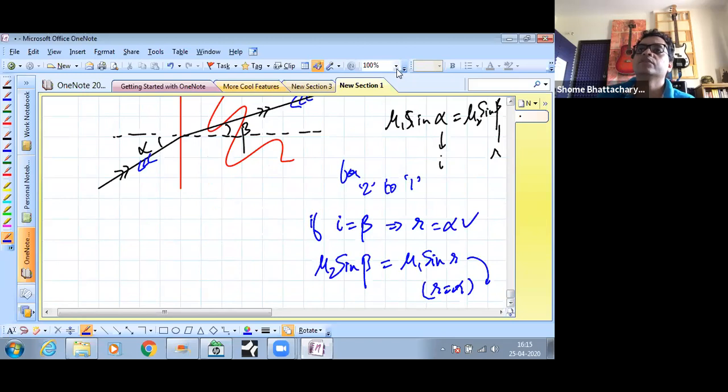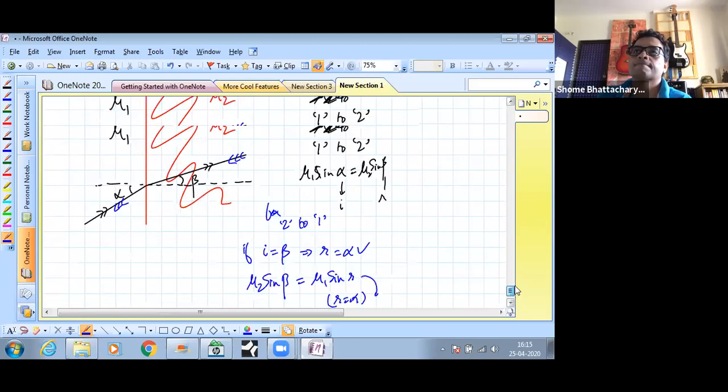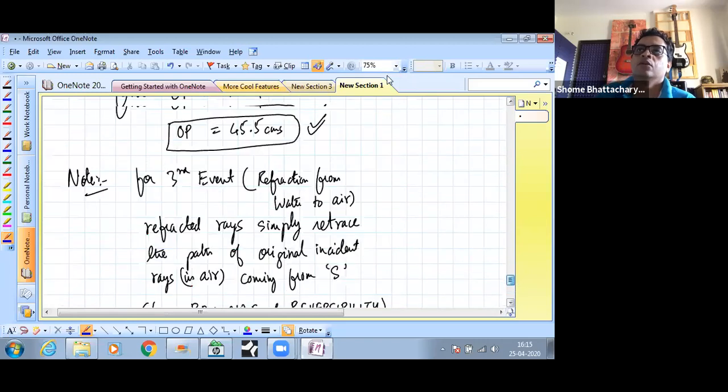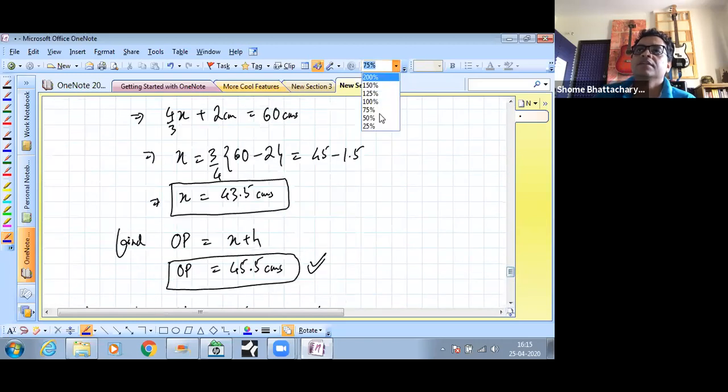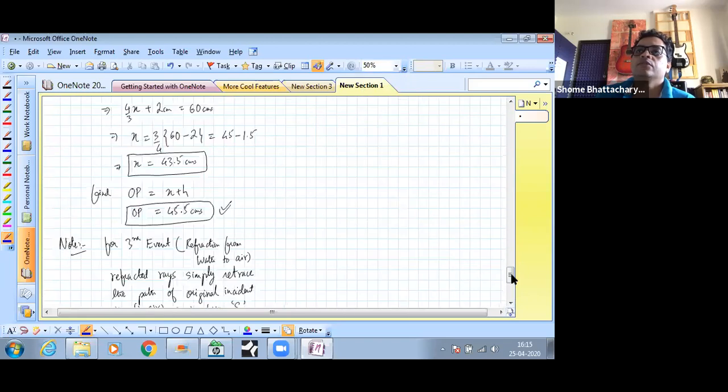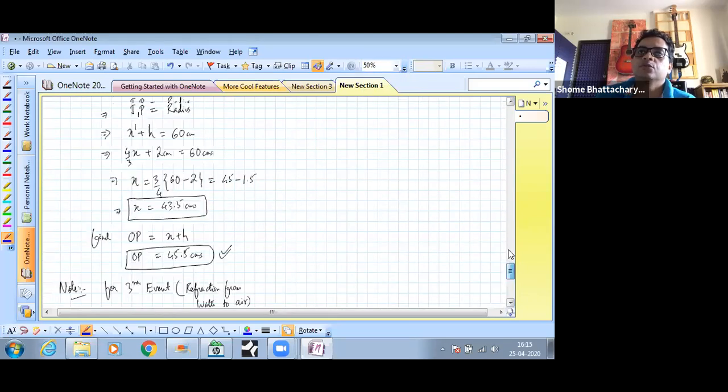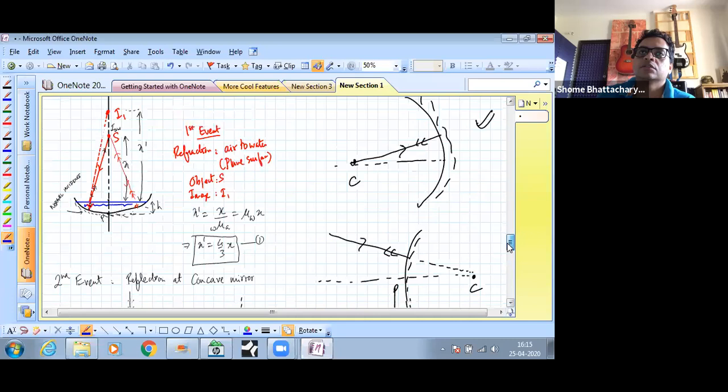So this is the principle of reversibility of light applied to refraction. Okay, so I will just minimize this a little and take you right from the diagram onwards up to the calculation below. Yes.